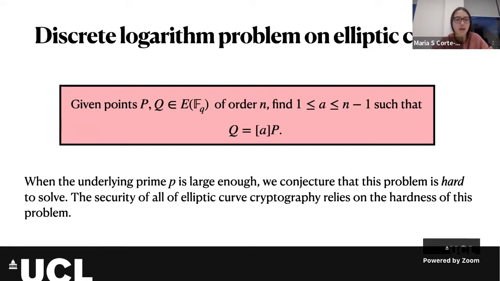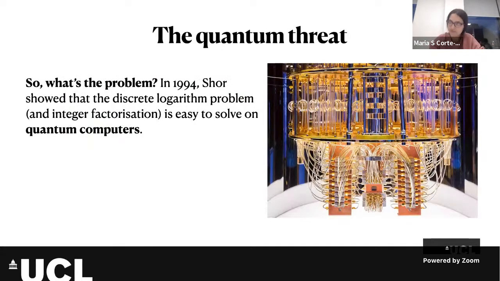Okay. So why did I go on about ECC, and what's the problem with ECC, seeing as it's used everywhere and it's very important? Well, the problem is in 1994, Peter Shor showed that the discrete logarithm problem in finite fields or on elliptic curves is easy to solve by quantum computers. By this, I mean that there's a polynomial time quantum algorithm that will break this problem.